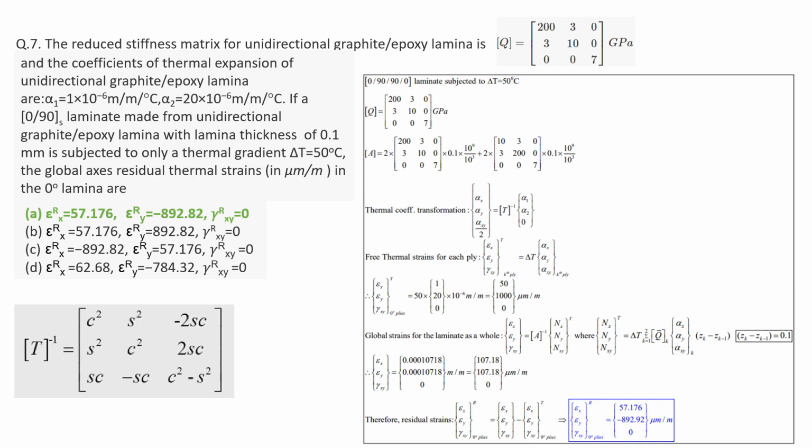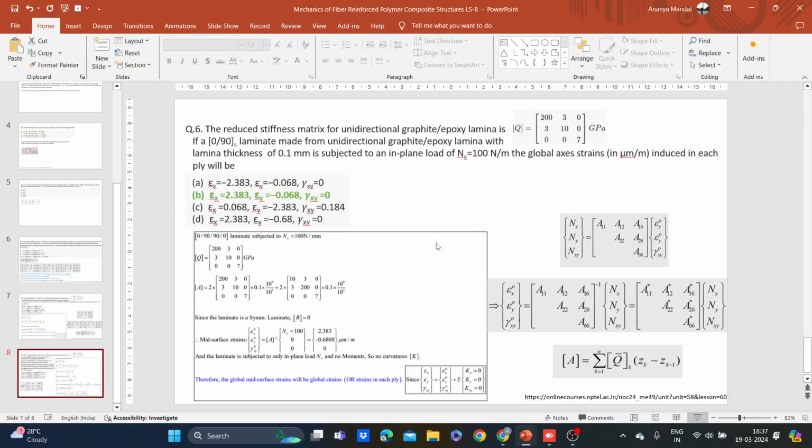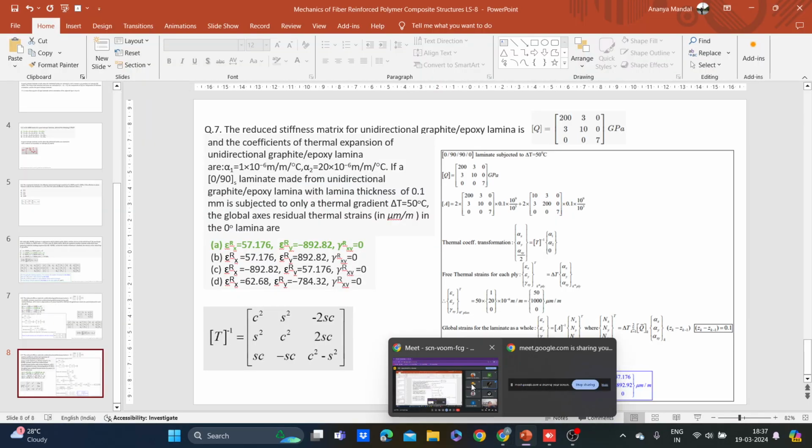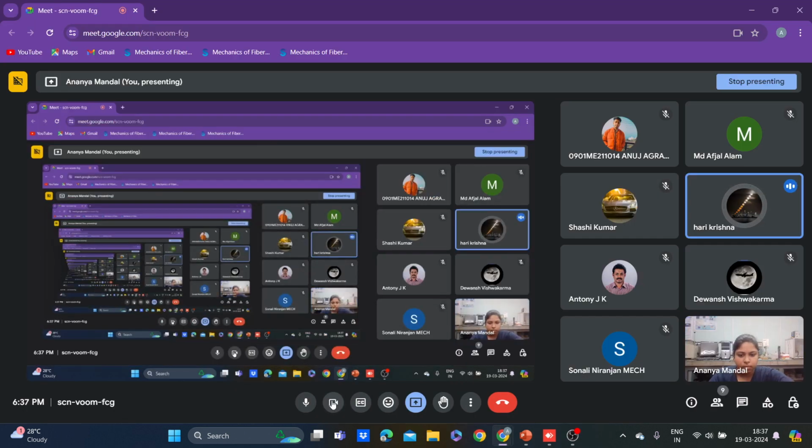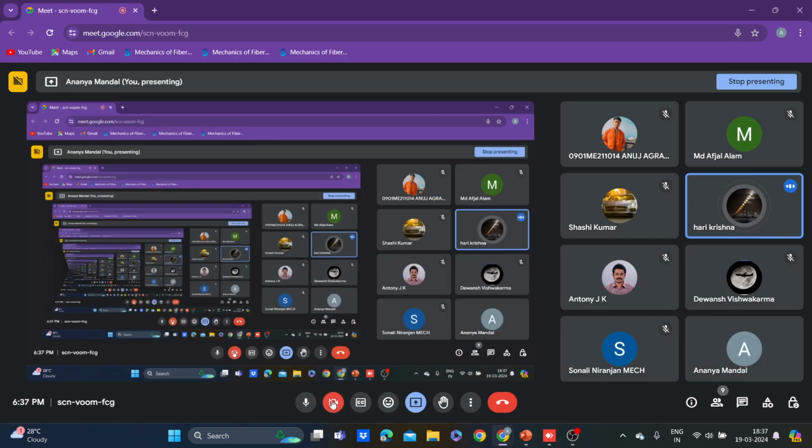Any other doubts? Did anyone try to solve the questions of assignment 8? Did you have problems with the whole calculation? It was very big, ma'am, taking a lot of time.